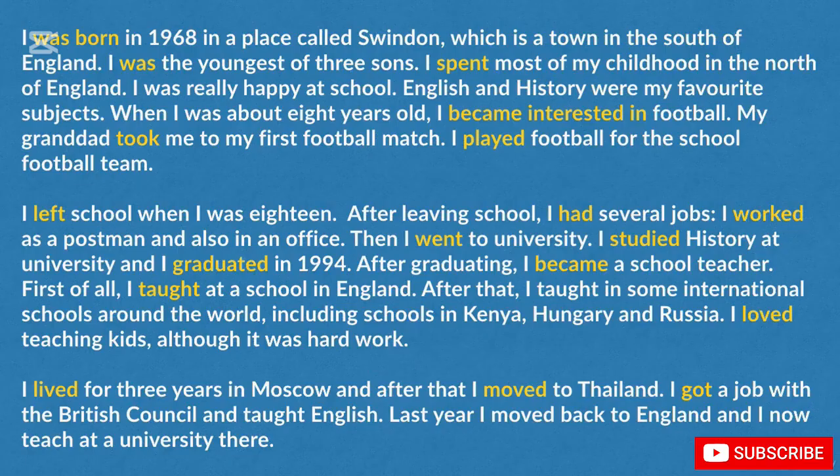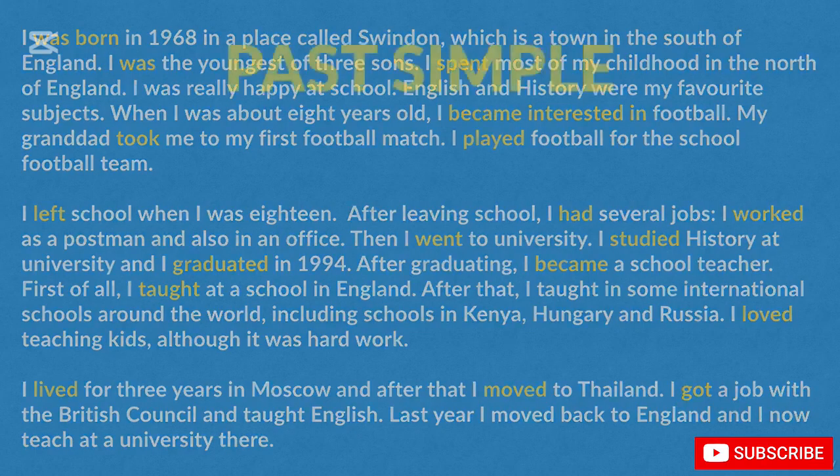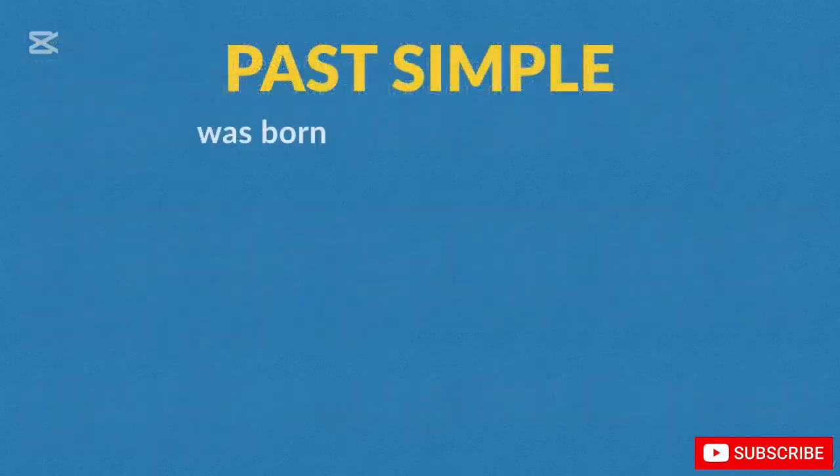Let's go back to the talk, and now what I'm going to show you is some of the past simple verbs that I used in my talk. So I used the past simple when I talked about these events because they're all finished. They happened in the past, but they are now finished. So you can see all of the past simple verbs in yellow there. Let's have a look at them all.